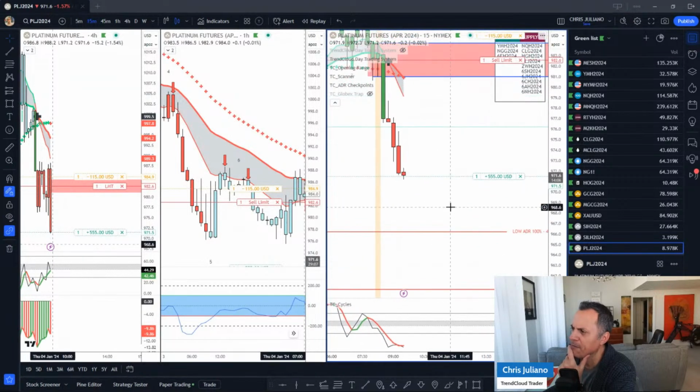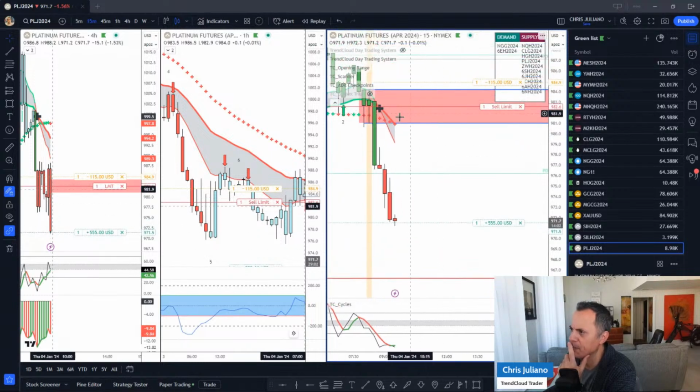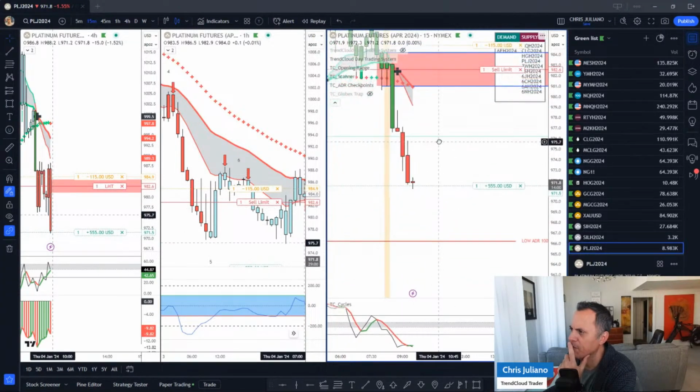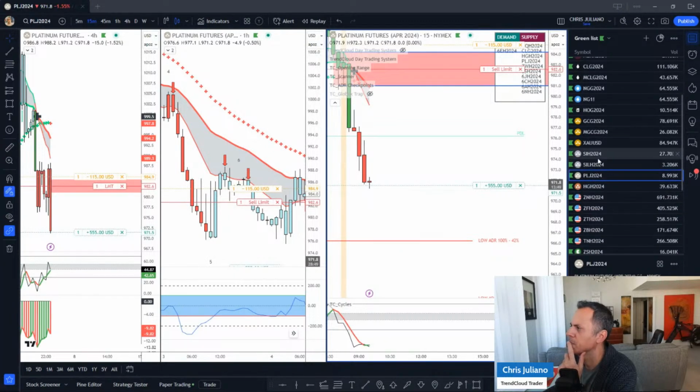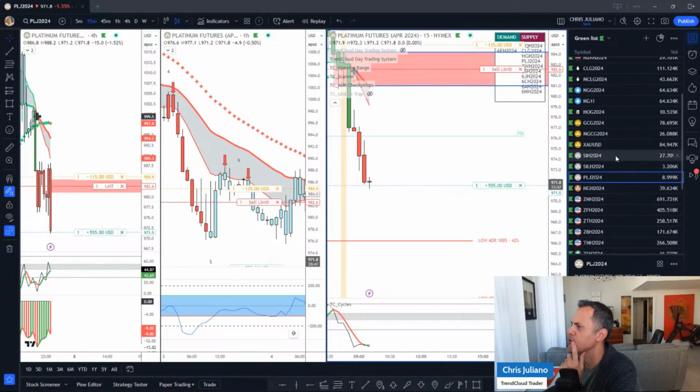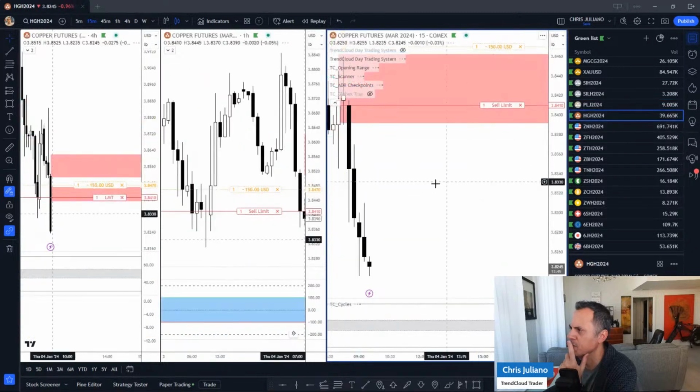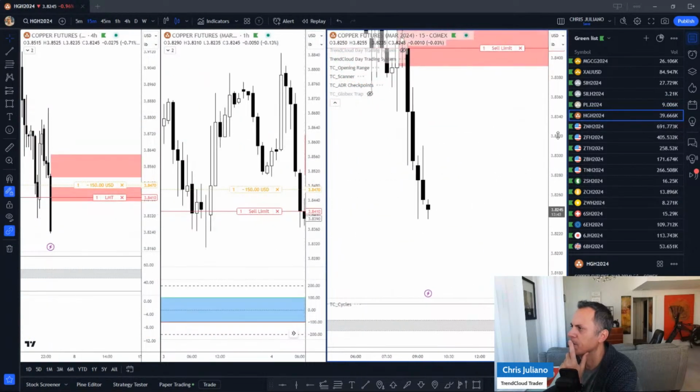So if we get a pullback into platinum here, we have a really nice chance of making that ADR checkpoint. We've already hit the ADR checkpoint on our copper trade here.